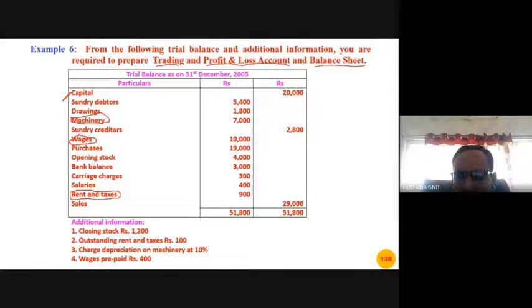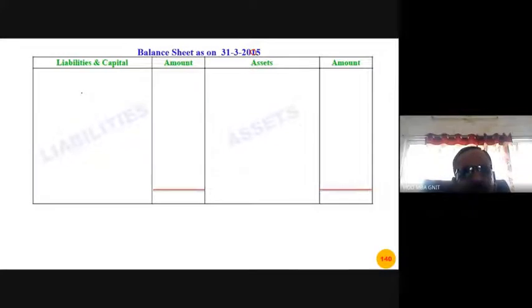Okay, go to balance sheet, all of you. On the liability side, for every problem, you have to show capital as the first item, and the amount should be recorded in the inner column only. Why? Because always for every problem, some adjustments are to be made to this amount, like net profit or net loss or drawings taken by the owner.